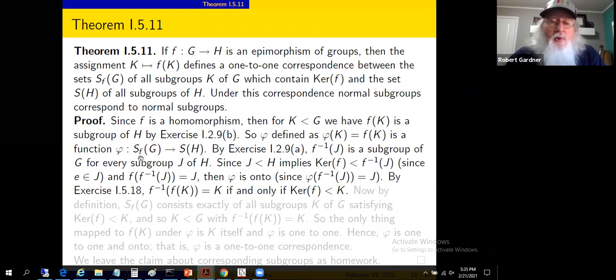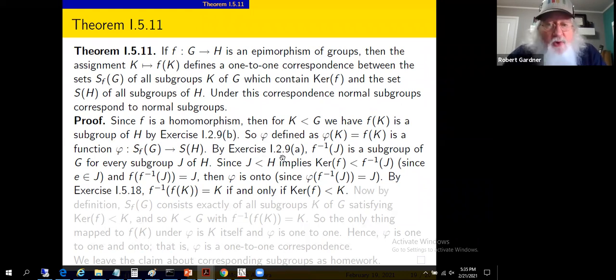There's a little bit of extra stuff going on about containing the kernel, but more of that here after a while. They take these subgroups of G and they map them to subgroups of H by simply taking K to F of K. You know F of K is a subgroup of H by the previous line.